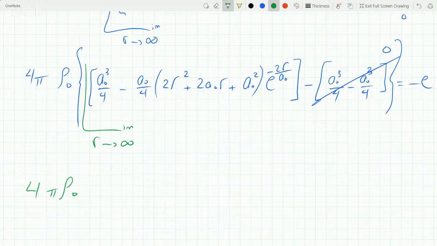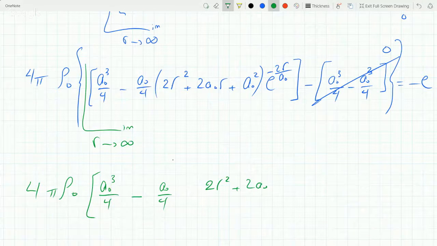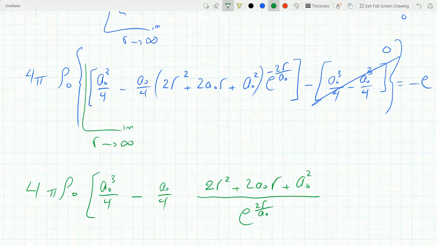The first term does not have a L'Hopital's, so I could just leave it here. Minus a0 over 4. And I have 2r squared plus 2a0r plus a0 squared all over e to the 2r over a0.